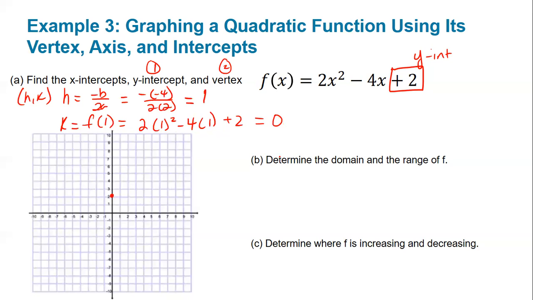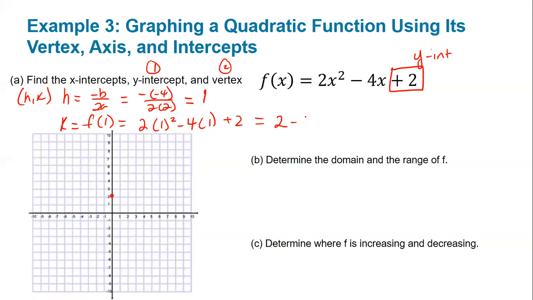Look at that equation. Remember, you solve from left to right. If you didn't solve left to right, would you have gotten 0? No. When you're adding and subtracting, we go left to right. So 2 times 1 is 2.